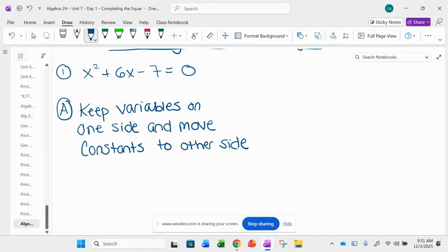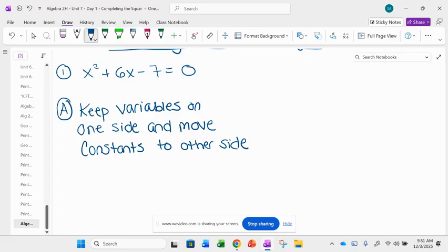Okay, so what do I mean by that? I mean, any term that has a variable in it, we're keeping on the left side. Any term that does not have a variable in it, we are moving to the other side. So do we agree x squared plus 6x stays put? That -7, we're moving to the other side.